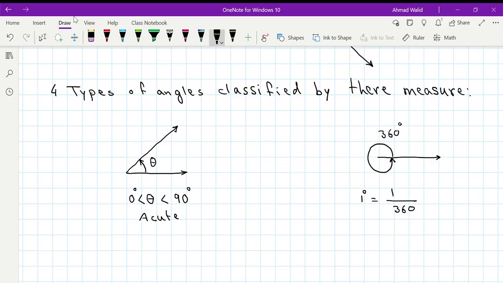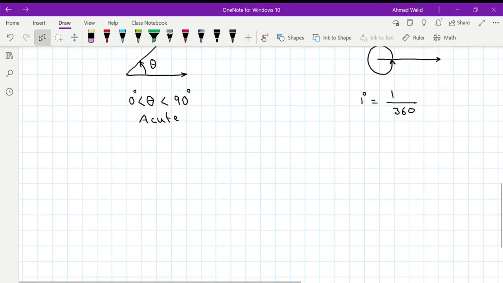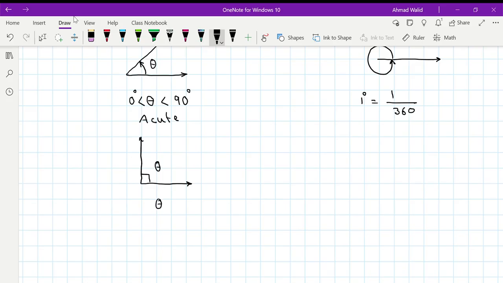The other type: if you have an angle like this, this is theta. If your theta is equal to 90 degrees, we call it a right angle.